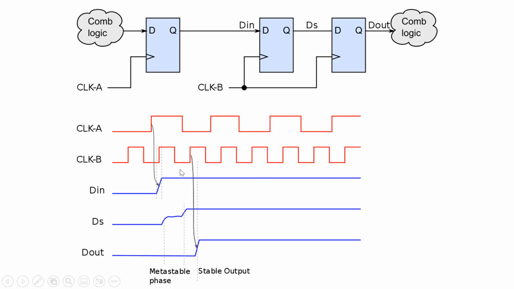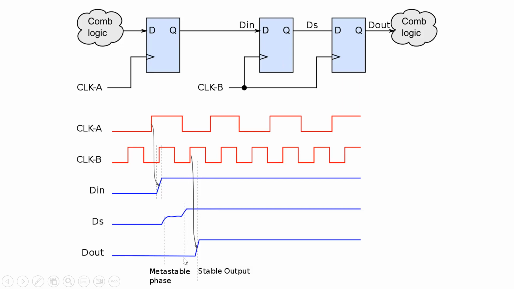Clock B came while D in is very stable, and I have here DS. Very good signal, high. This DS is feeding the second flip-flop with appropriate setup time and hold time.